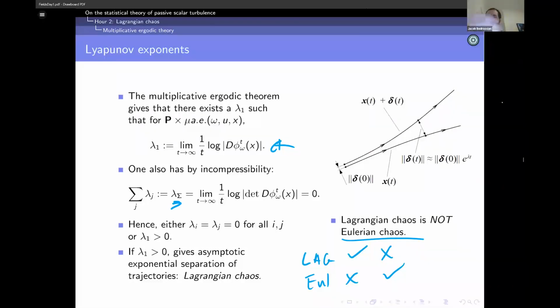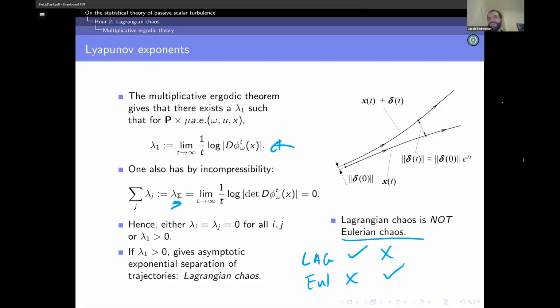If I give you a deterministic system, you can't tell me if there's a positive Lyapunov exponent. Even for very simple systems, it's almost impossible. It's completely open for some really simple systems that are almost explicit. And then in the random case, the situation is better, but not amazing. So it's still not that obvious.